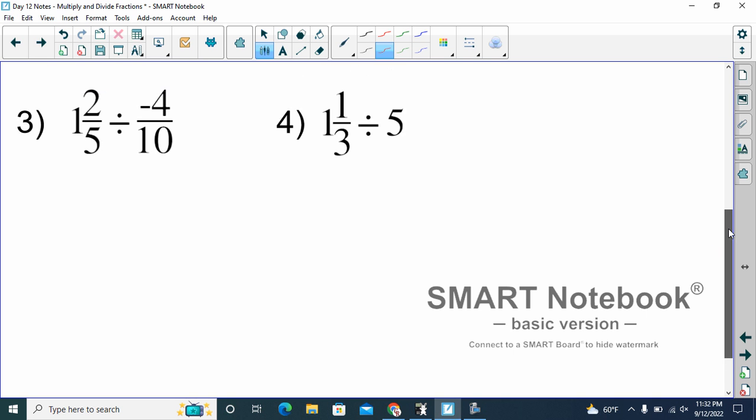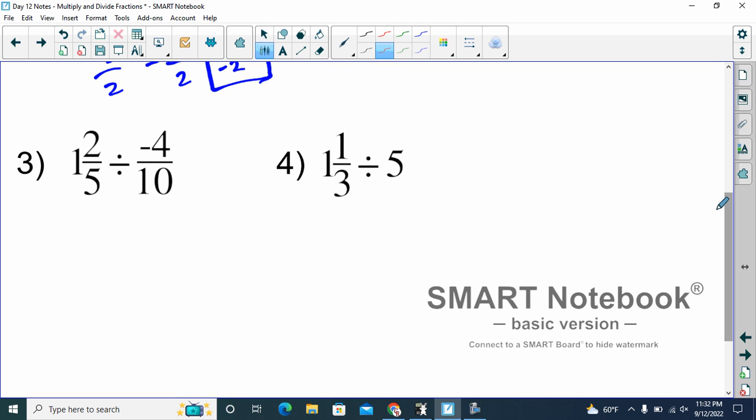Number 3 says 1 and 2/5 divided by negative 4 over 10. Before we keep, change, flip, we always want to change to our improper fractions first.